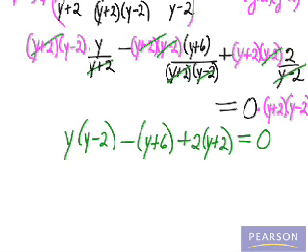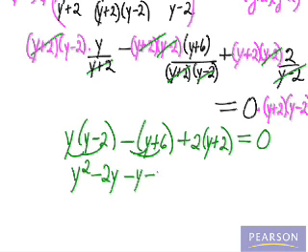Distributing the y through the parentheses, we get y squared minus 2y minus y minus 6 plus 2y plus 4 equals 0.